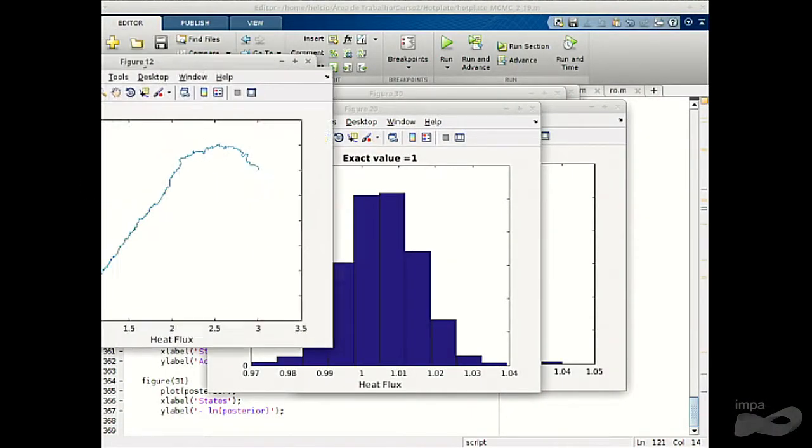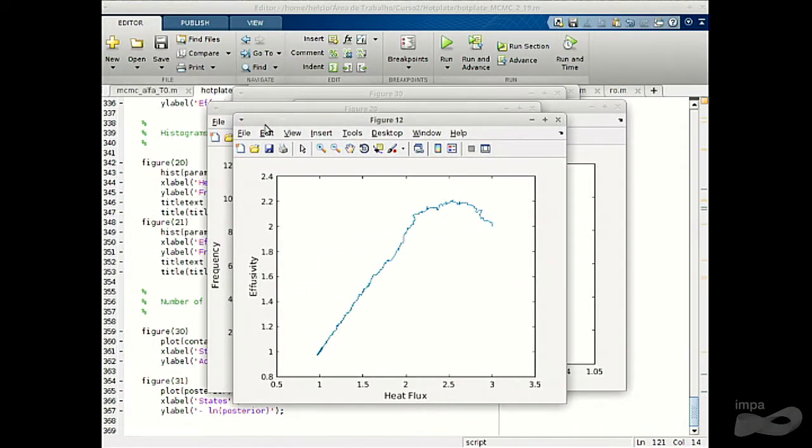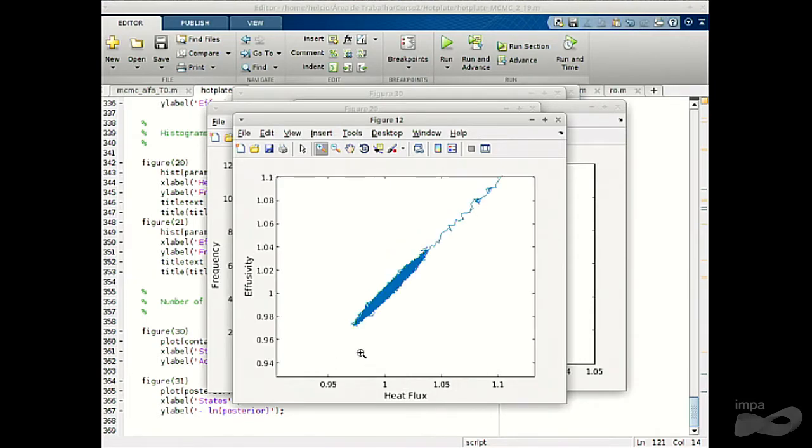All right, so this is a picture of all the states. You see this is the burn-in period, and this is the region that we are interested in, okay? And what's nice to see is that this is almost like a line. Why?